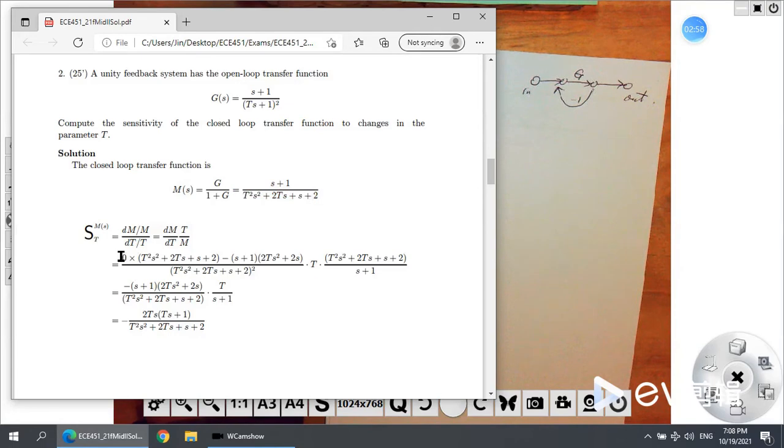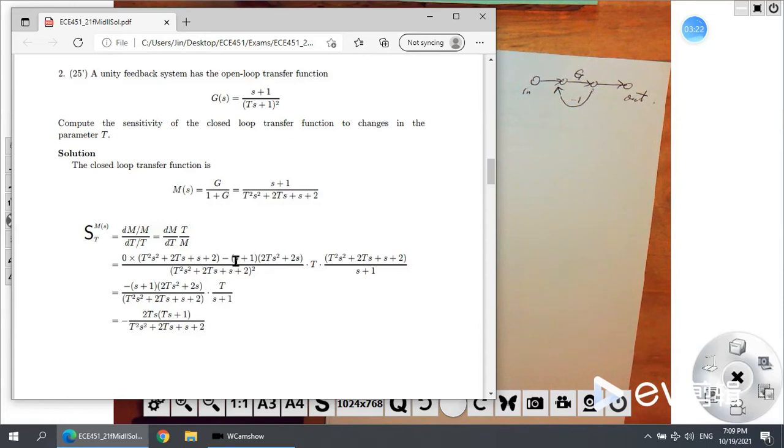So we just follow the formula for the derivative of a fraction. We take the derivative of the numerator times the denominator. This is the first term, right? The numerator is s plus 1. No t here, so you take the derivative, you get 0. So 0 times the whole denominator.